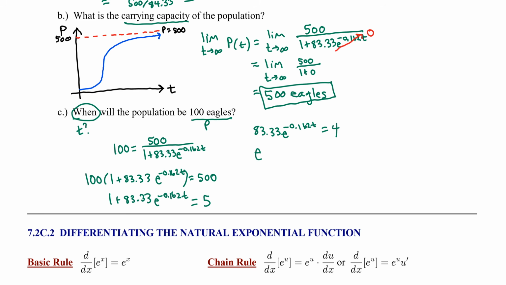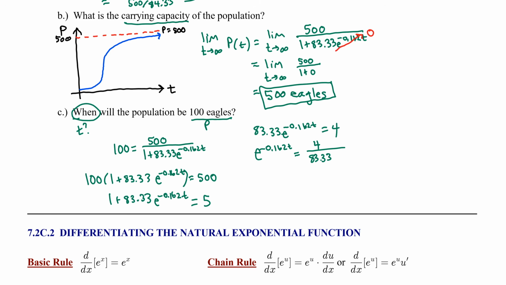Then we would divide both sides by 83.33. Now I'm not going to carry that out on my calculator yet. I don't want to round here and then again in a minute and build up too much rounding error. So I'm going to postpone the rounding to the very last step.